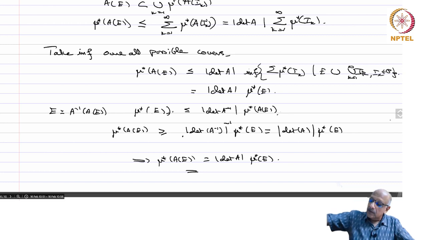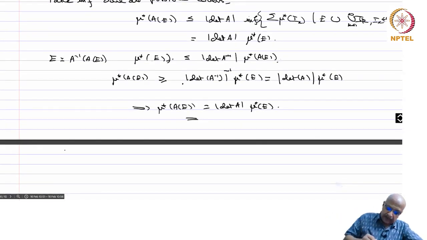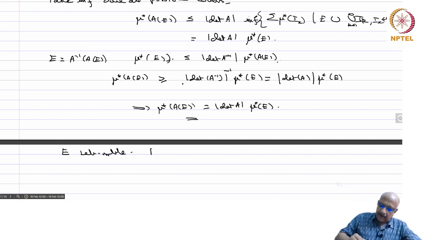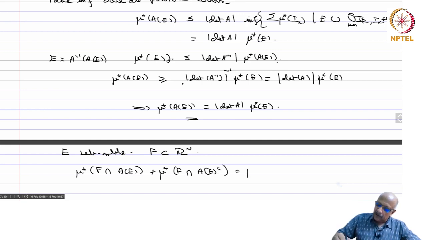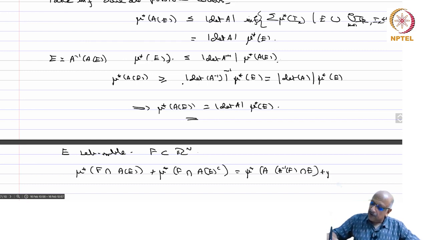Okay, so now it is straightforward for the Lebesgue measurability. So let us take E Lebesgue measurable and F contained in Rn. Let us take mu star of F intersection AE plus mu star of F intersection AE complement, which is equal to mu star of A inverse F intersection E plus mu star of A inverse F intersection E complement.